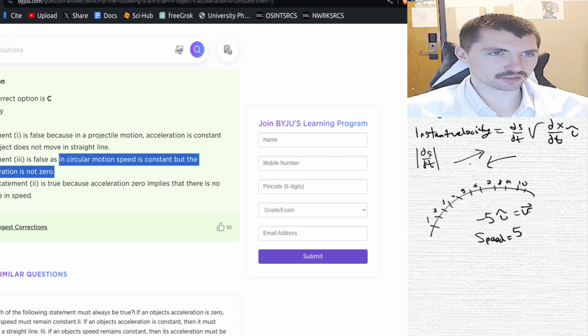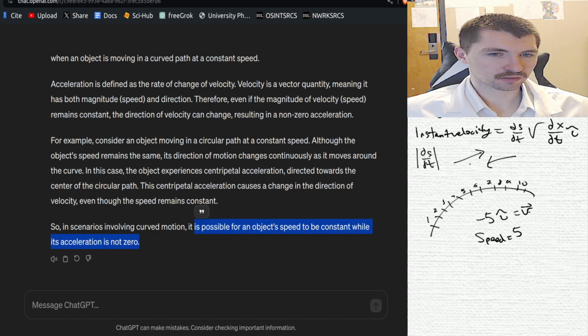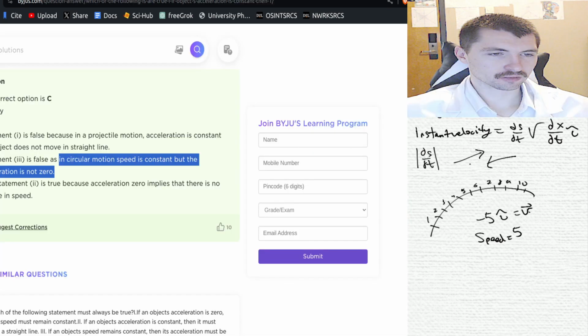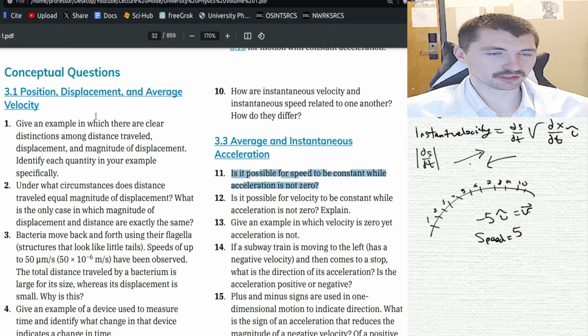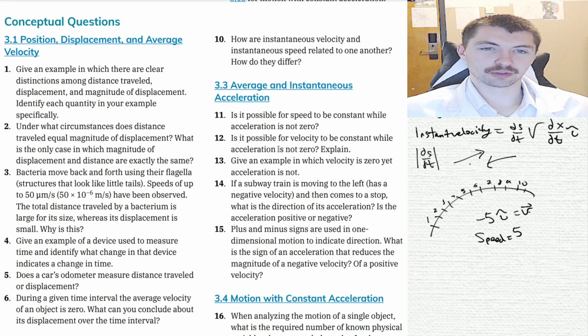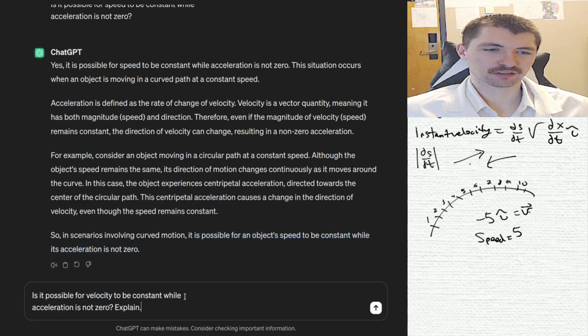The acceleration is not 0. So it's saying this is possible in circular motion. If acceleration is 0, there's no change in speed. Okay, so I'm guessing, I don't know, we compared sources, confidence a little bit higher. Guess we can move on.